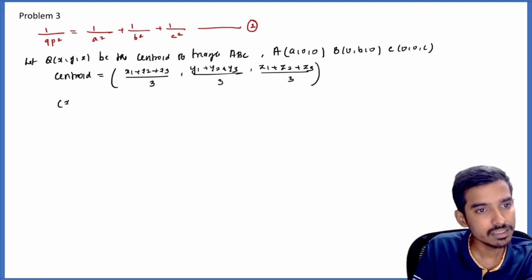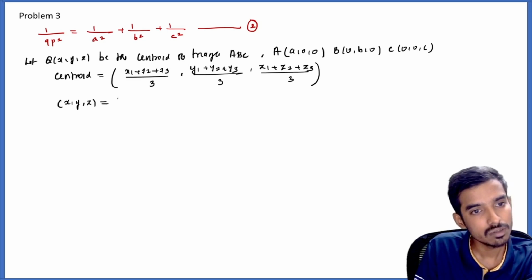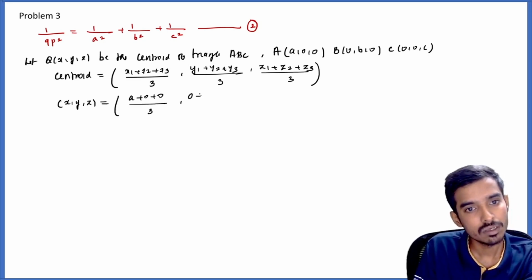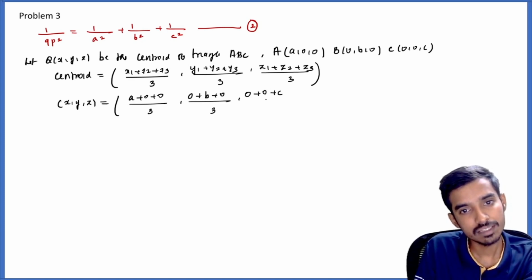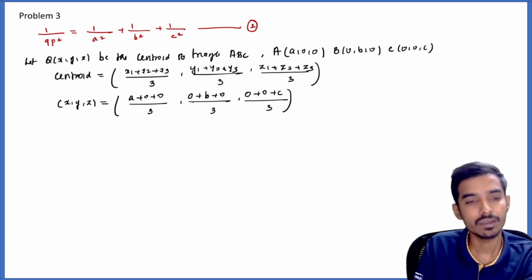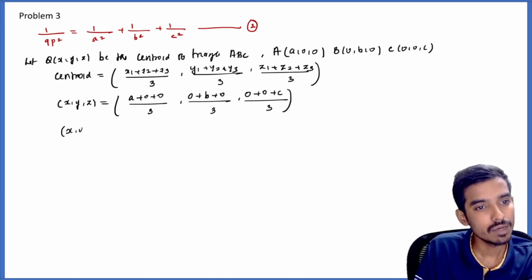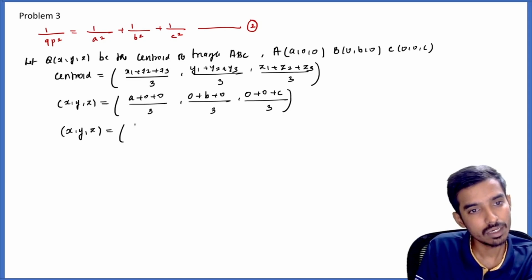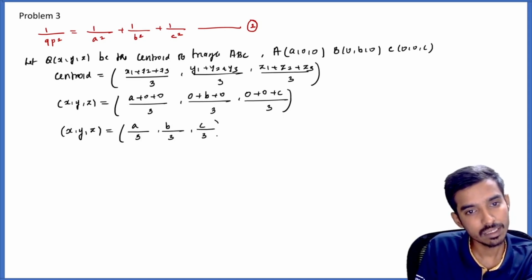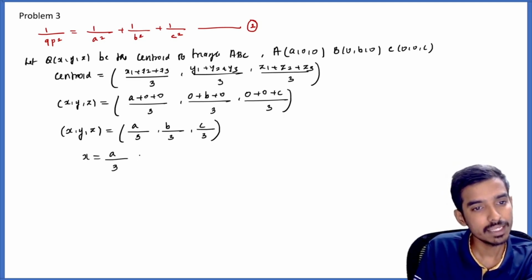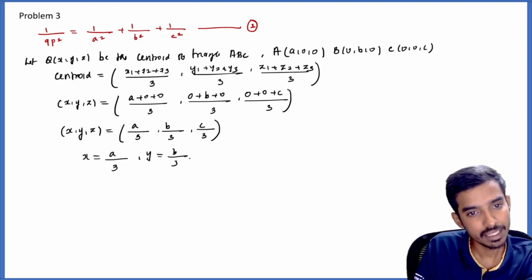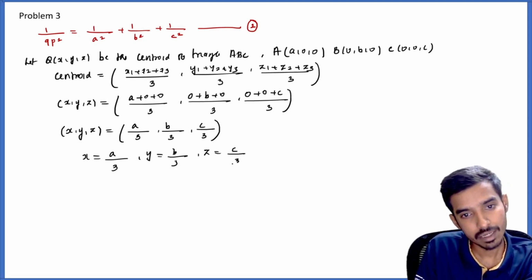And we know the centroid is x, y, z by our assumption. This will be equal to a plus 0 plus 0 divided by 3, 0 plus b plus 0 divided by 3, 0 plus 0 plus c divided by 3. Therefore x, y, z is equal to a by 3, b by 3, c by 3. If we equate, x is a by 3, y is b by 3, z is c by 3.